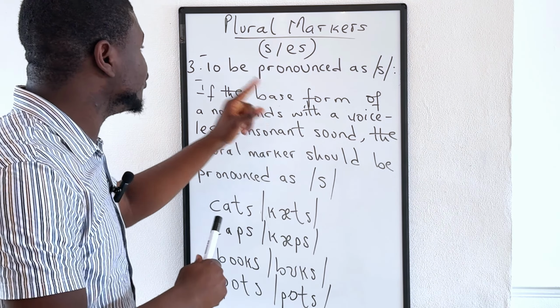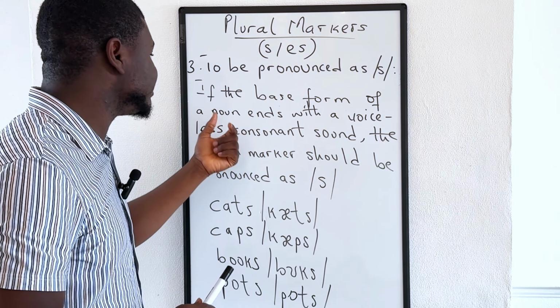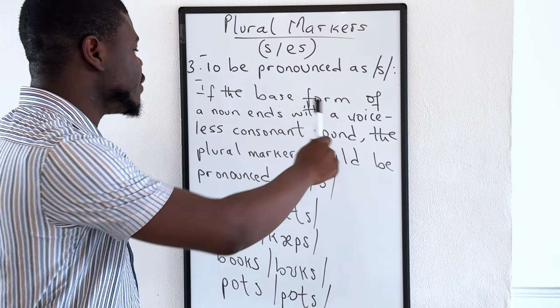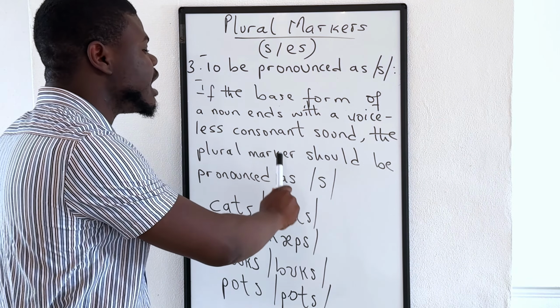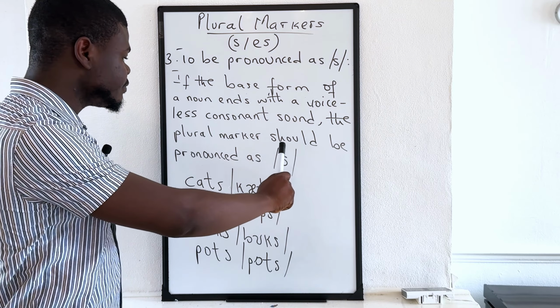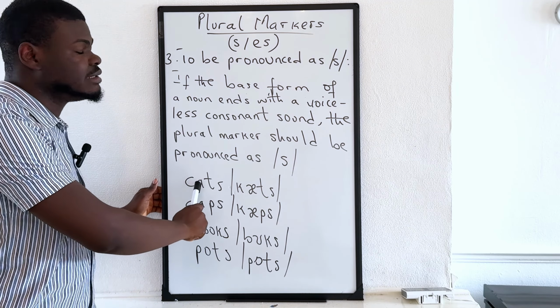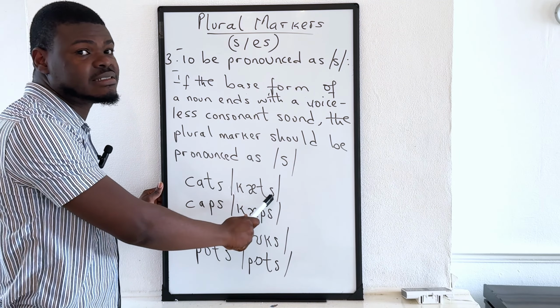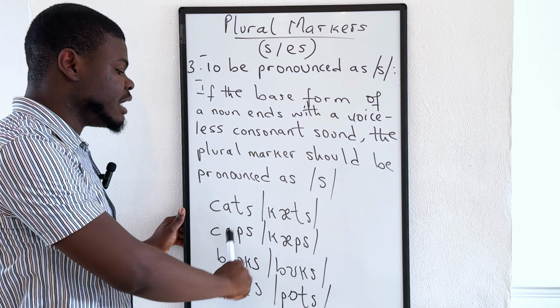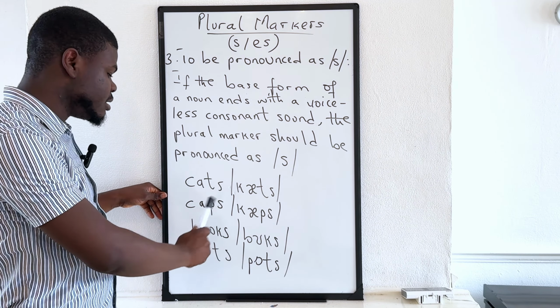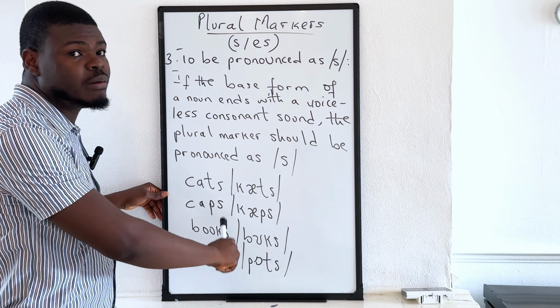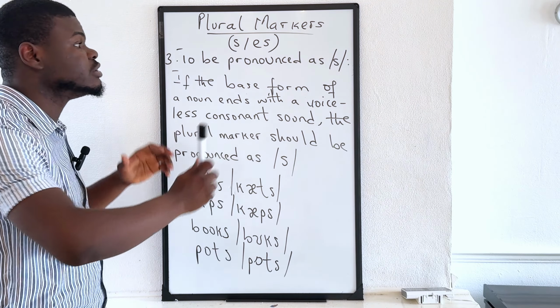If the base form of a noun ends with a voiceless consonant sound, the plural marker should be pronounced as S. So that's why cat becomes cats, cup becomes cups, book becomes books, pot becomes pots. That one is quite simple.